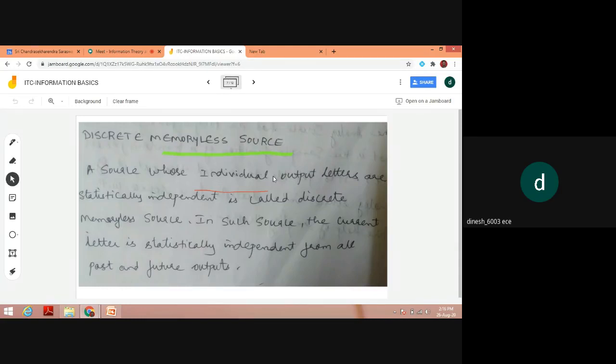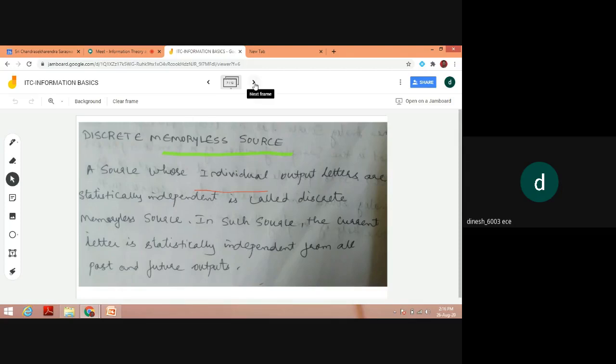A source whose individual output letters are statistically independent, in the sense that it depends only on its input signals, is called a discrete memoryless source. In such a source, the current letter is always statistically independent from all past and future outputs. This we call a memoryless source.